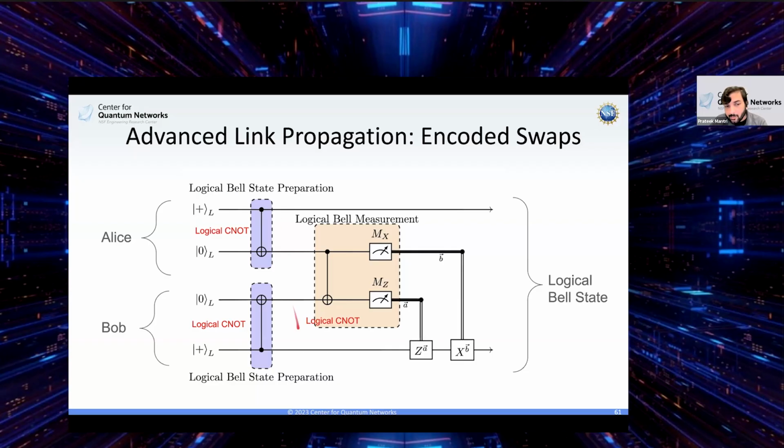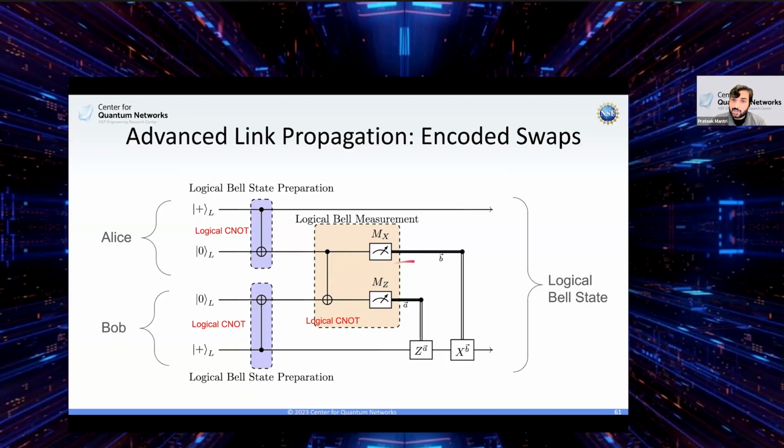We do the same operation at Bob, creating a logical Bell state at Bob. We send one part of the logical Bell state to the repeater from Bob's side and from Alice's side. And then we apply a logical CNOT operation and then do a logical X and a logical Z measurement.